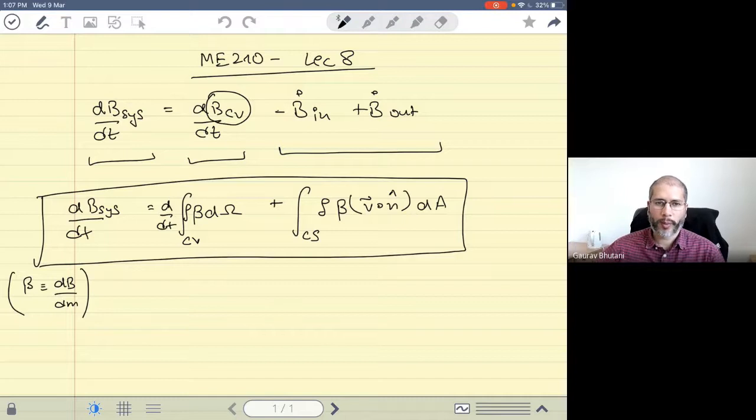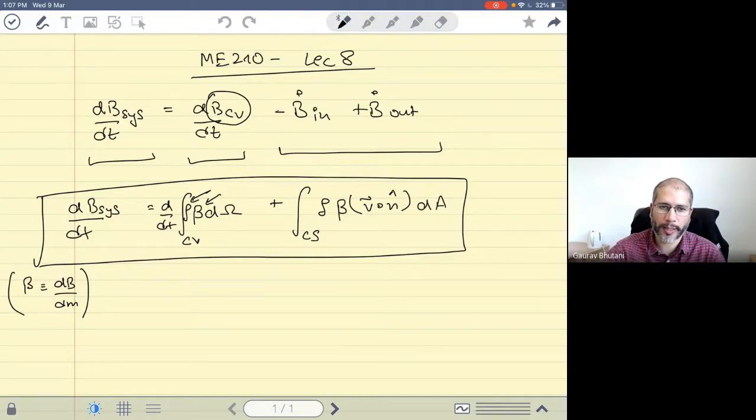So that's one way where we can write the Reynolds transport theorem. In this case, what we've done is we have integrated over the area or the volume. So that helps us deal with situations where our density or beta, for example, is non-homogeneous, so it's different at different points in space.